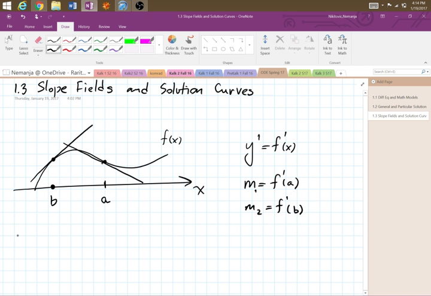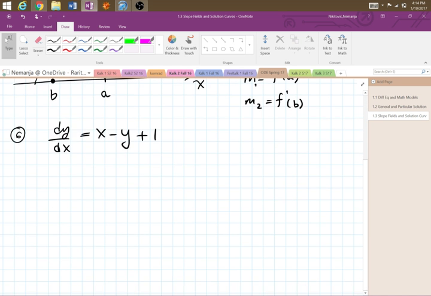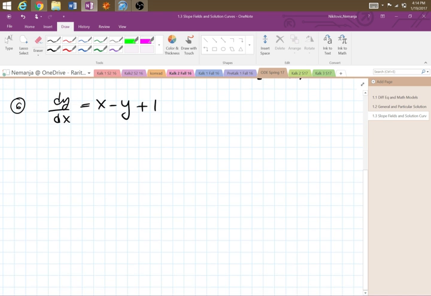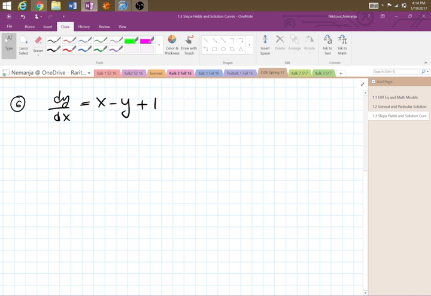From problem number 6, let's say: dy dx is equal to x minus y plus 1. So this is a differential equation. And now you say, let's solve this. You're all excited because you love this course.